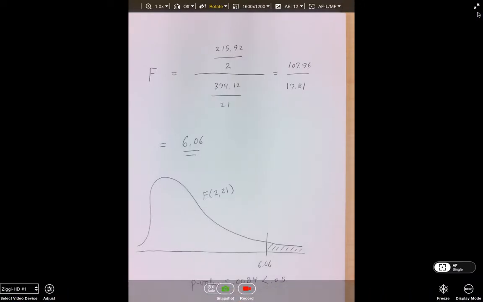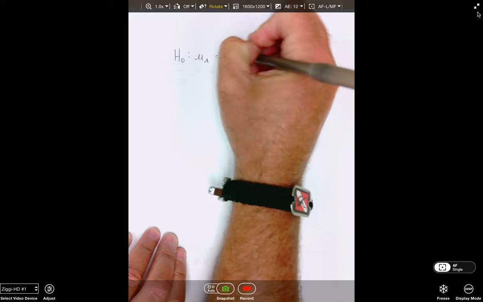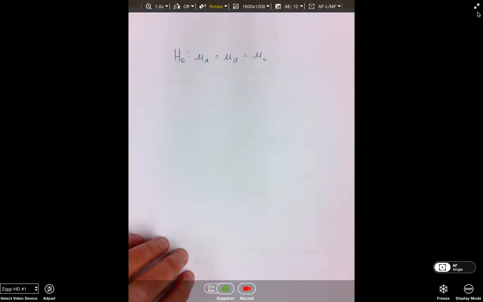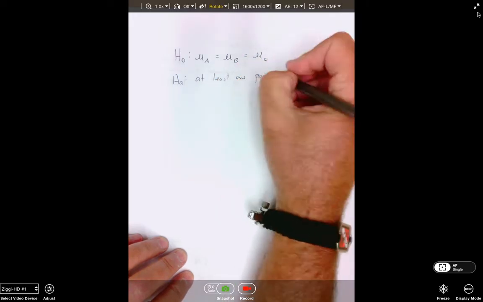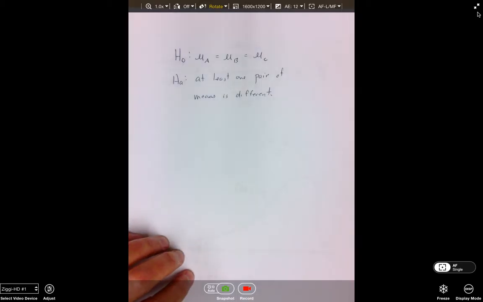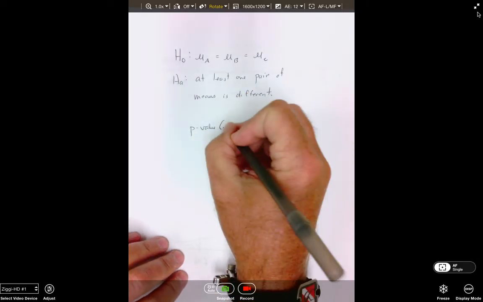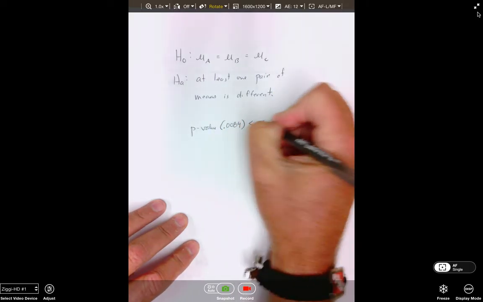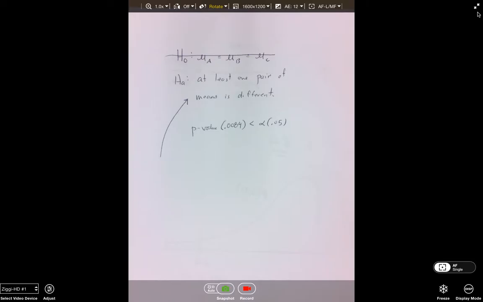So what that tells us is, of our null and alternative hypotheses, that the mean for Professor A equals the mean for Professor B equals the mean for Professor C, versus the alternative, since our p-value of 0.0084 was less than alpha, we reject that statement and conclude that this is the more reasonable statement.